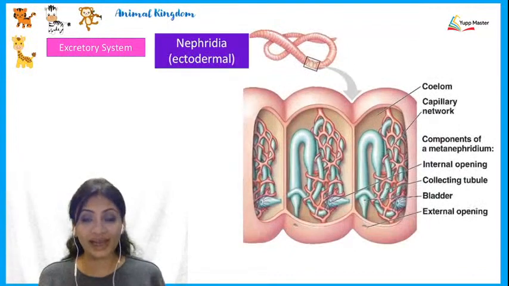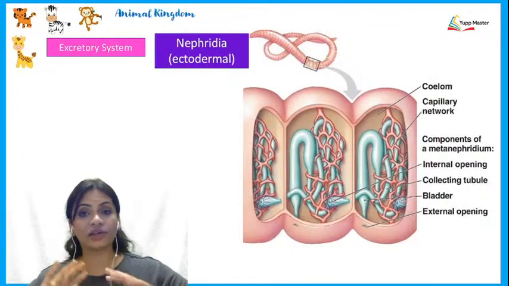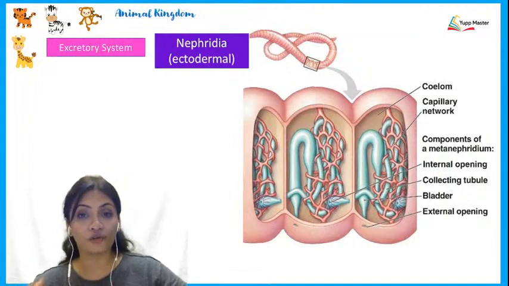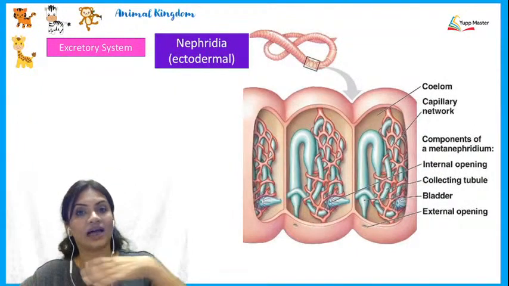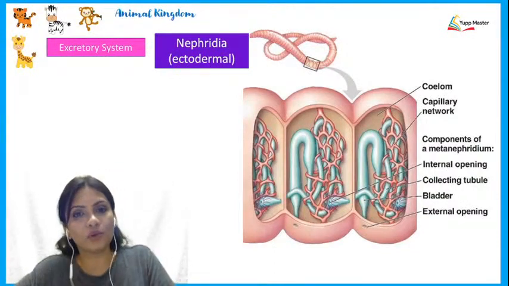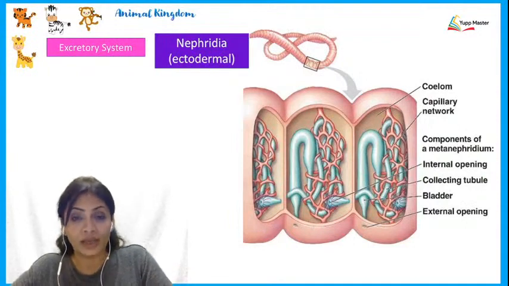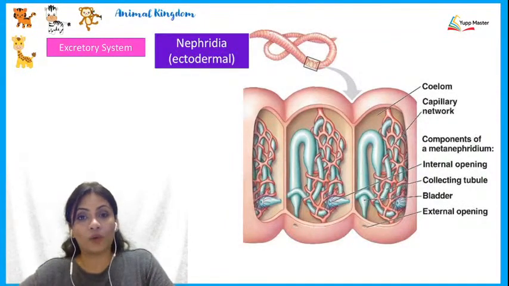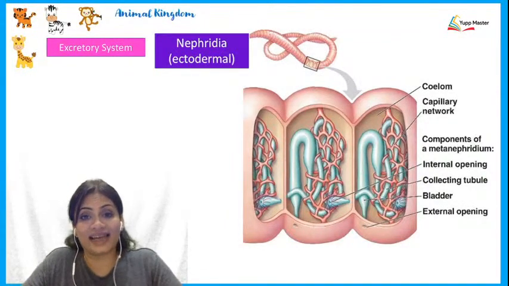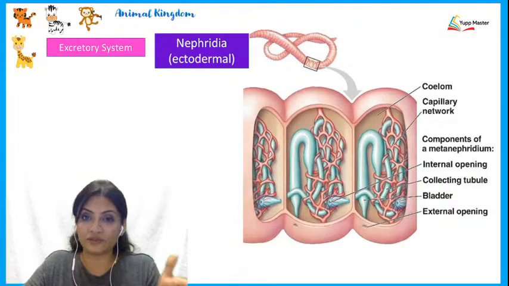So after the digestive system, let's move on to the excretory system. Excretory system means removing the metabolic waste. In our body, this is done by the kidneys, and the most important structural and functional unit of our kidney is called a nephron. They are not going to use the exact term nephron here because this animal is primitive compared to us.